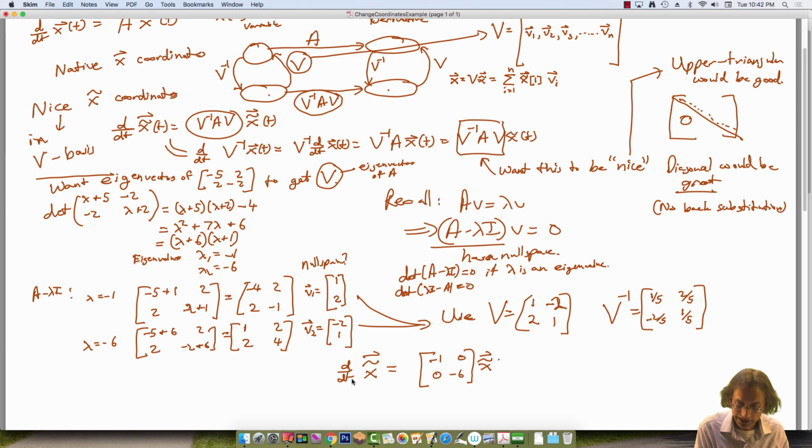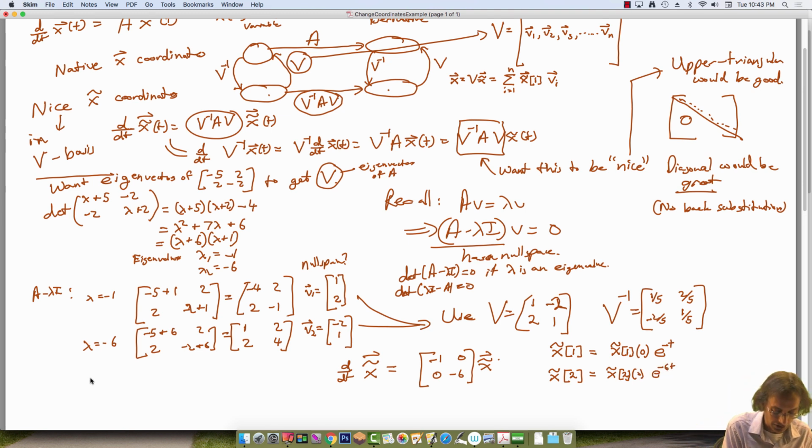So from this, we can easily solve. x tilde of t as a function of time: the first component is x tilde evaluated at time 0, times e to the minus t. And the time function for the second component of x tilde is going to be its initial condition times e to the minus 6t.